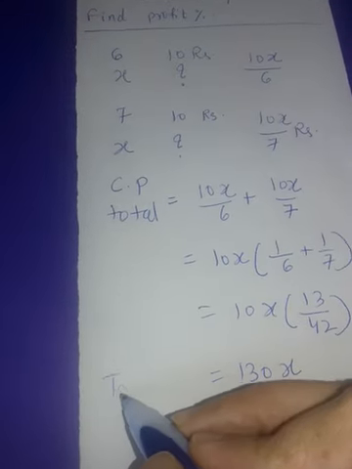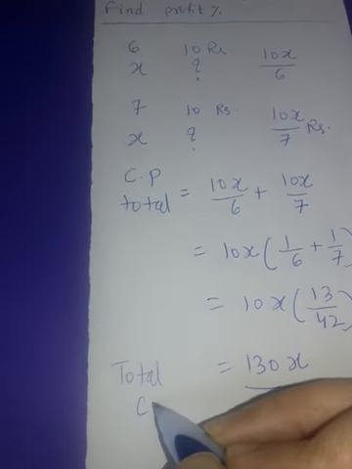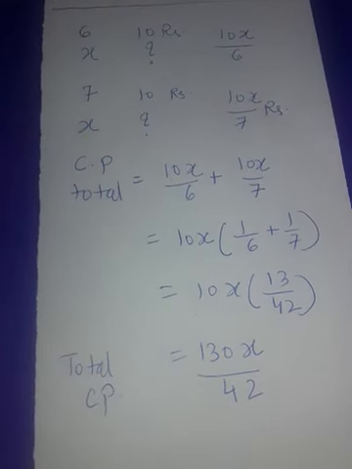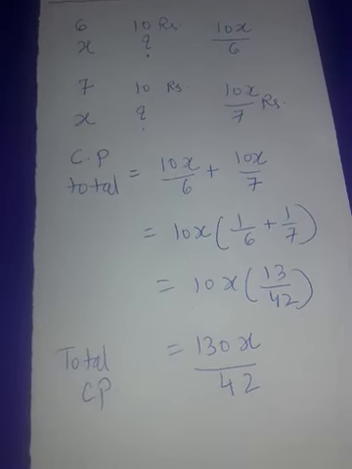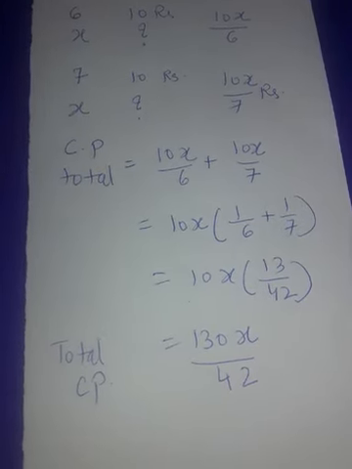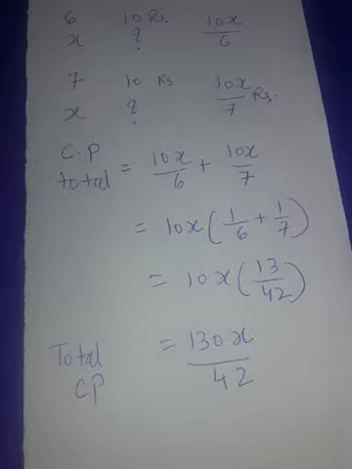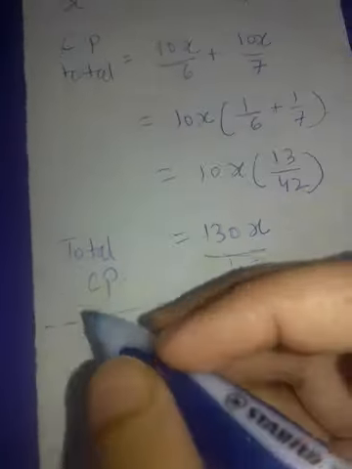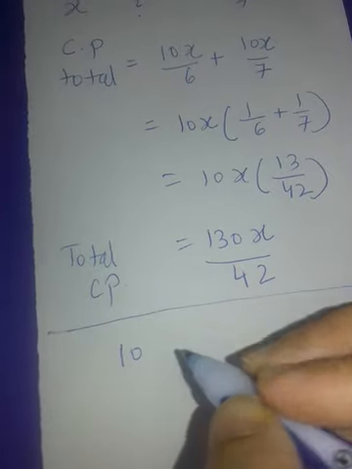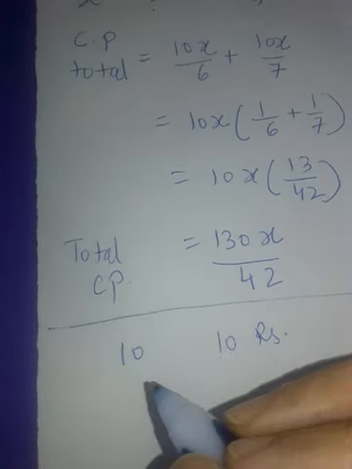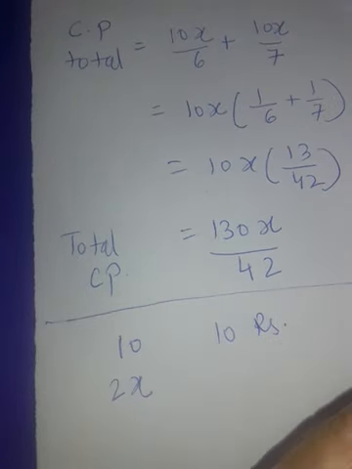That is his total cost price. Am I right? Now what we need to find? We need to find the total selling price so that we can find whether it is profit or loss, right? So let us find the total selling price. He sold 10 oranges for 10. So 10 oranges for 10 rupees, and in total he has how many oranges? 2x oranges. Am I right?